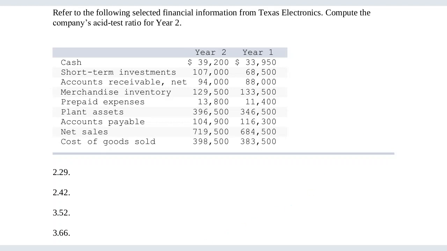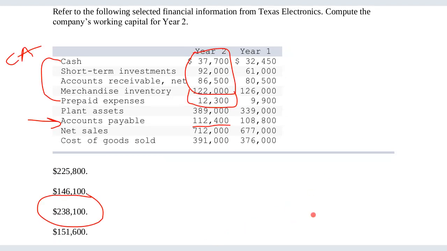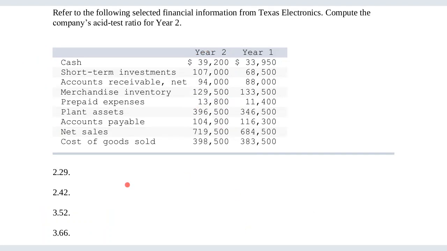Acid test ratio is current assets divided by current liabilities, except that we are concentrating on quick assets. Quick assets. So what would the quick assets be in this example for year 2? We're still in year 2.